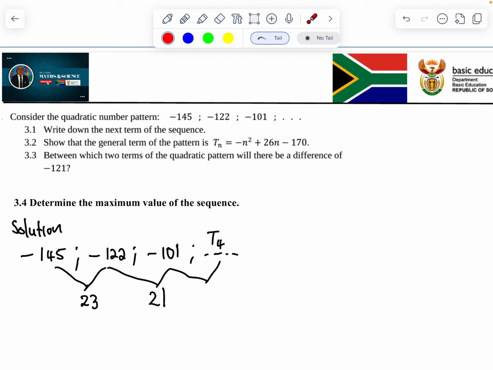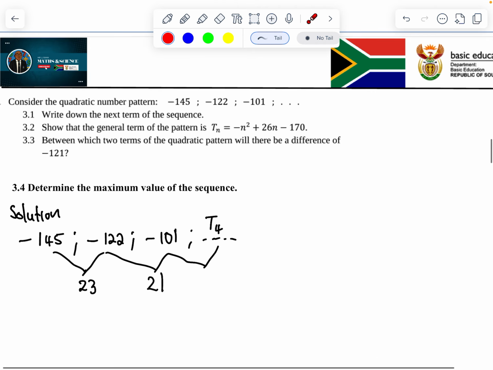And remember, with a quadratic pattern, the first difference is linear, meaning that the numbers here are arithmetic. From 23 to 21, they subtracted 2. So from 21 we need to subtract 2, so it will be 21 minus 2, which is 19.